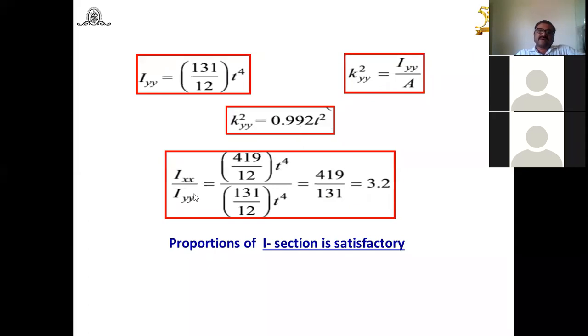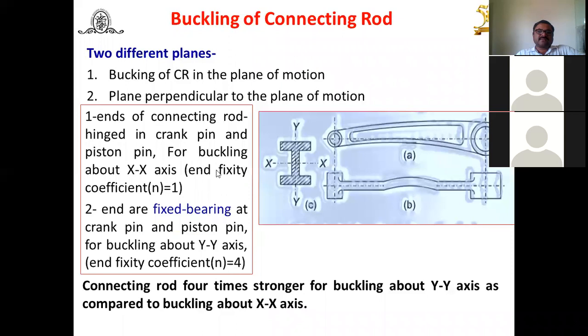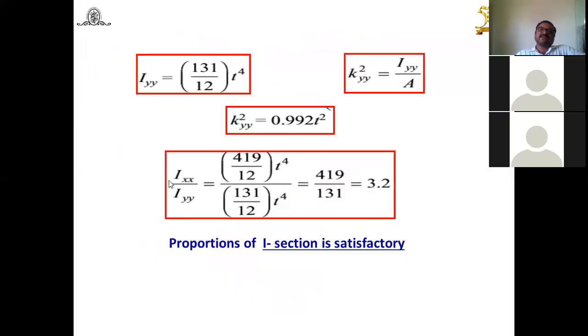Then find out the ratio Ixx by Iyy. So you will get 3.2. And as per our statement, on the basis of end fixity coefficient, the connecting rod is 4 times stronger for buckling about the y-axis, and this analysis also satisfied the condition. So therefore, the proportion of I section is satisfactory.